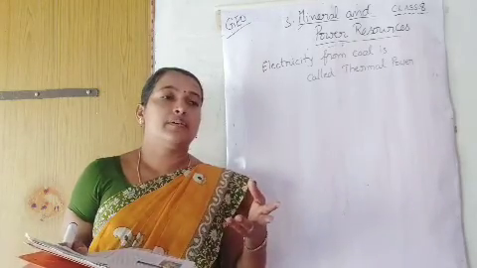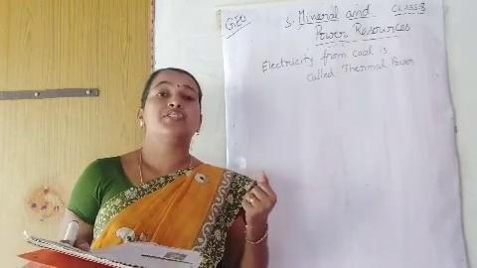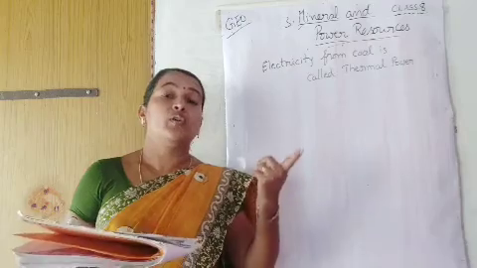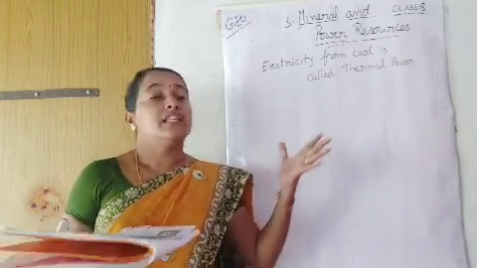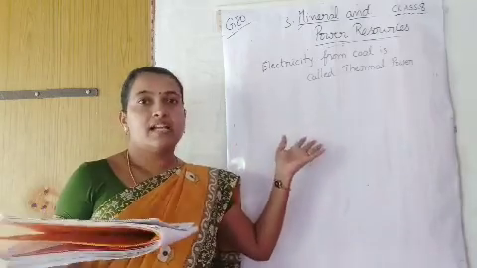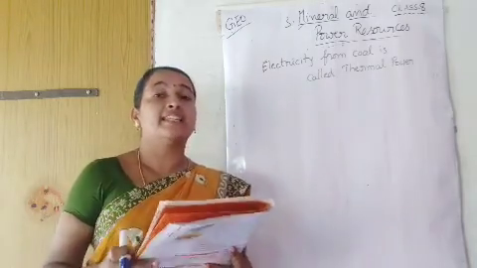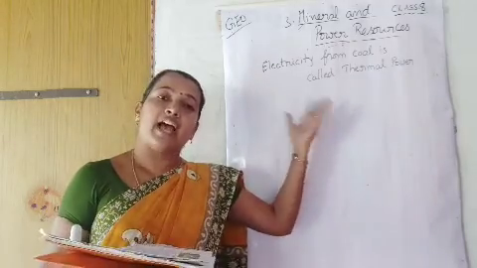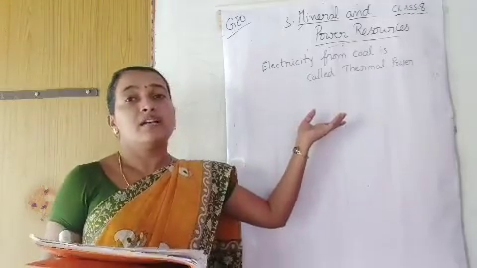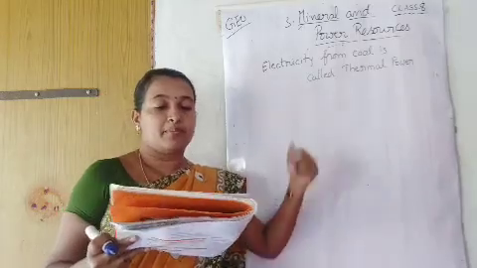Recently we noticed last year when the Kerala floods came, so many plants and animals were buried under the earth layers. Like that, in the previous years also, coal was formed over time.